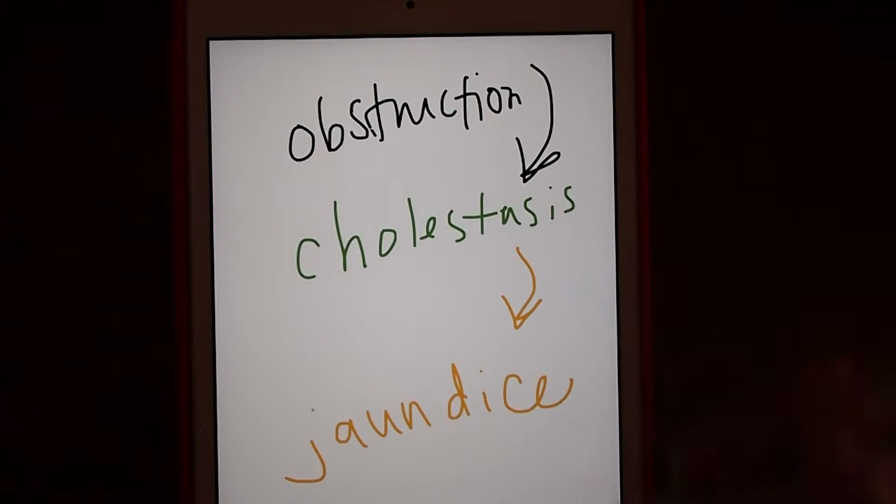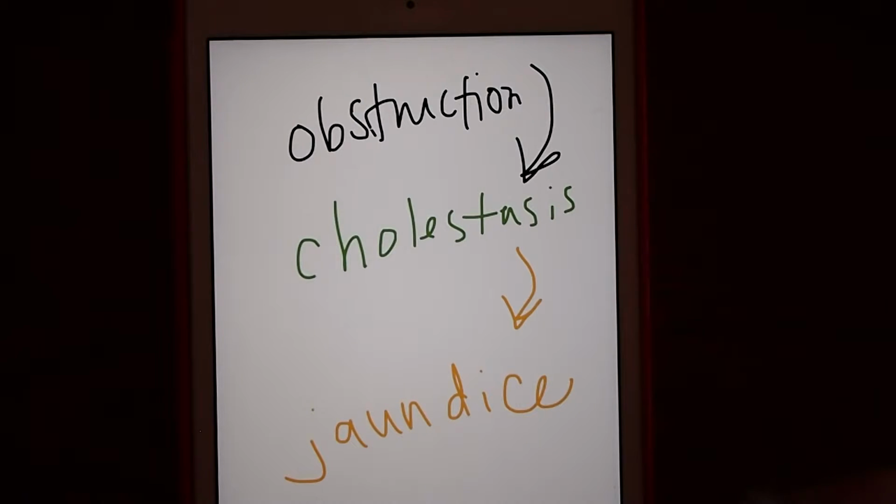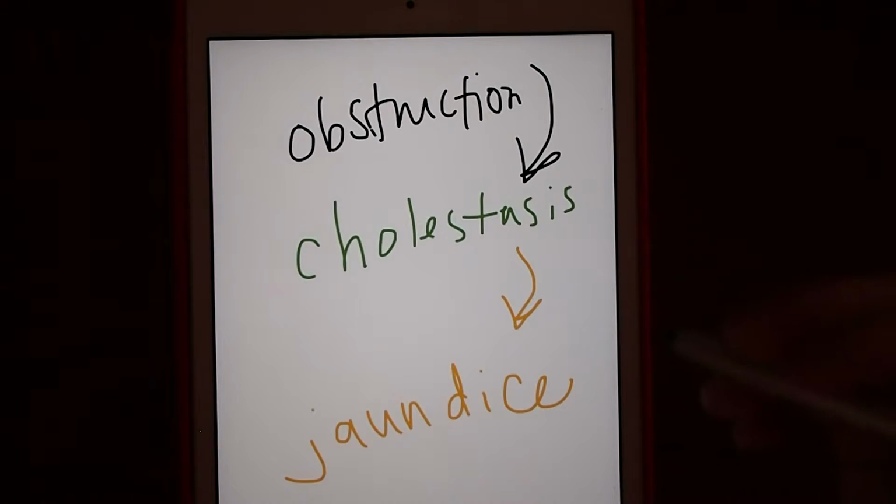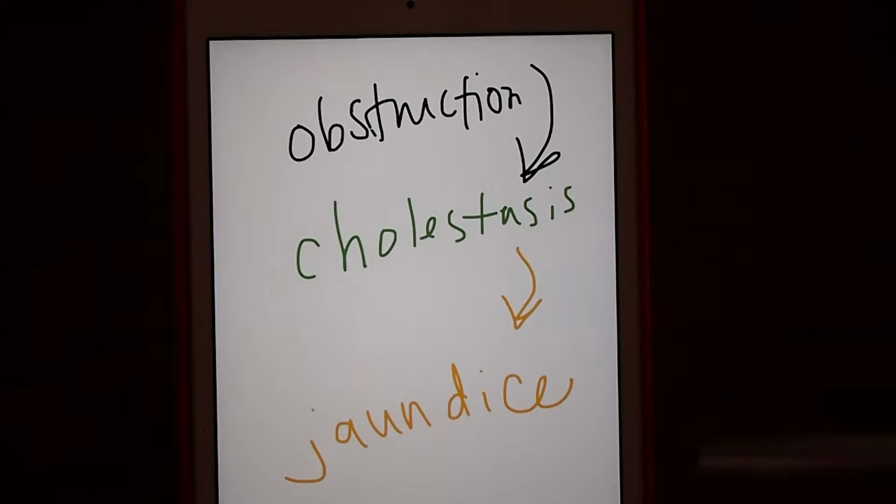Okay? So when we get to complications and discuss some of the clinical manifestations, we will discuss jaundice.